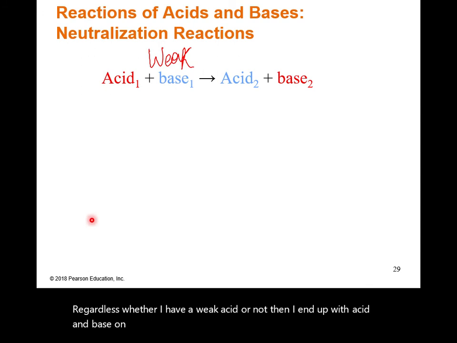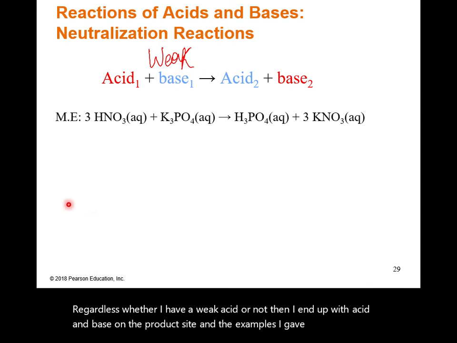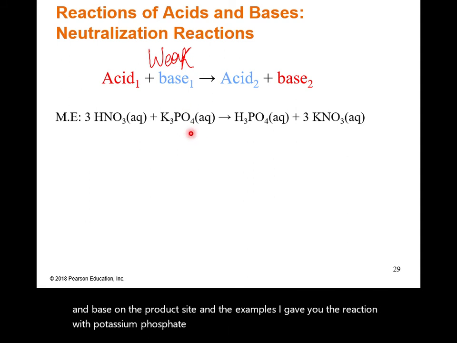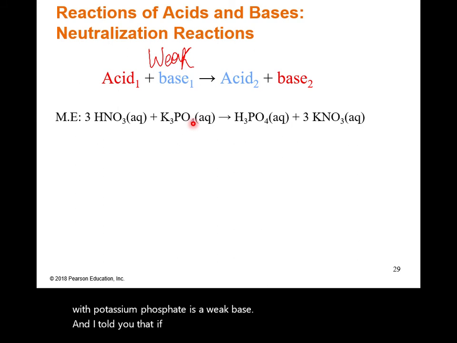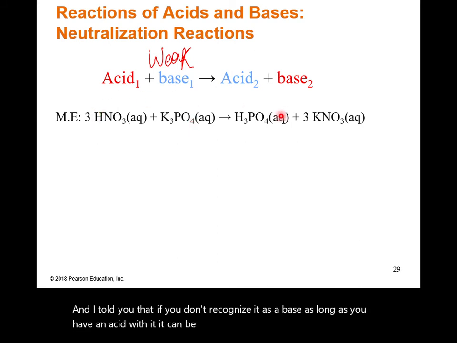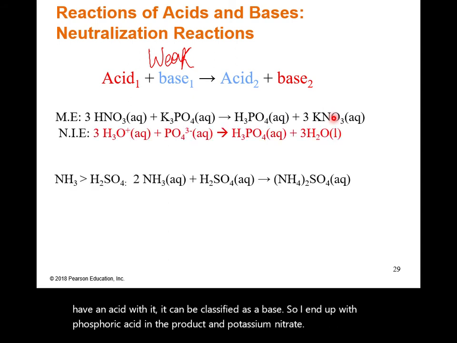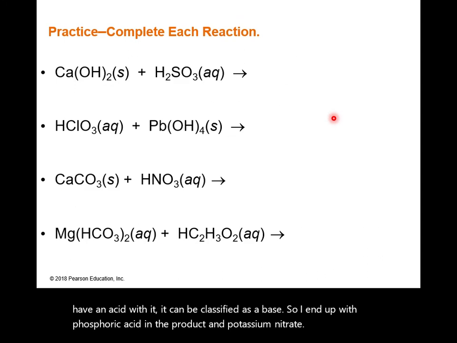And the example I gave you was the reaction with potassium phosphate. Phosphate is a weak base. And I told you that if you don't recognize it as a base, as long as you have an acid with it, it can be classified as a base. So I end up with phosphoric acid in the product and potassium nitrate. All right, that's this reaction.